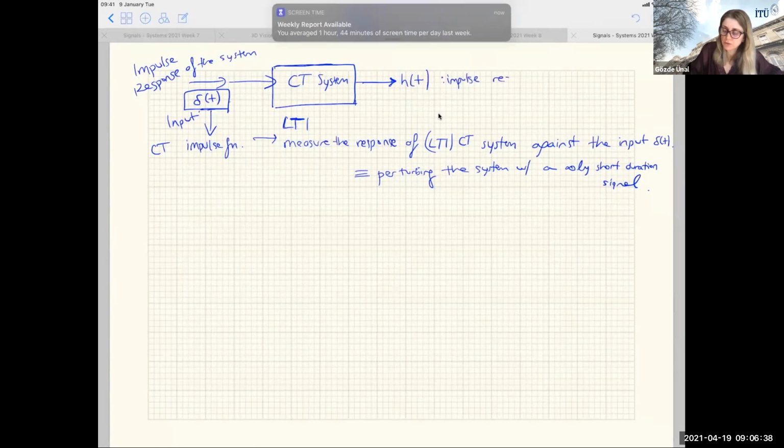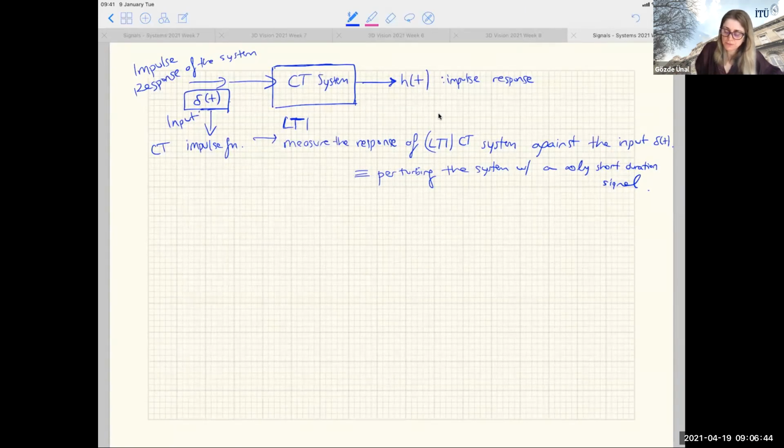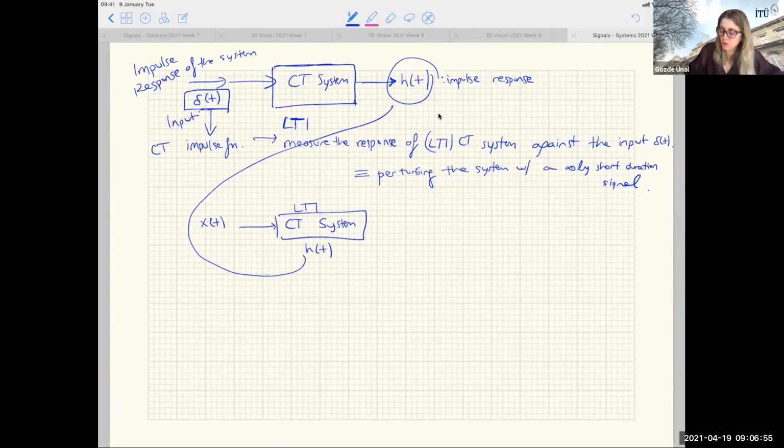So whenever an x of t is given to this LTI system with h of t, we know from the discrete time systems that y of t is h of t convolved with x of t.